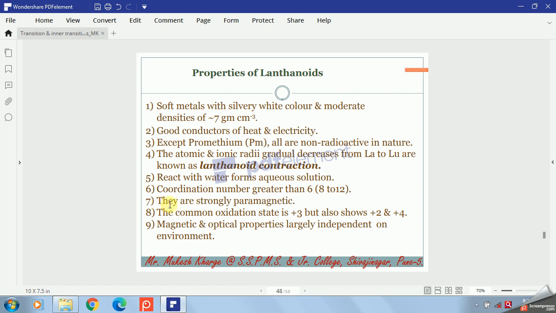Then they are strongly paramagnetic. The common oxidation state is +3, but they also show +2 and +4 oxidation states. Then they show magnetic and optical properties largely independent of environment. These are a few properties of lanthanides.